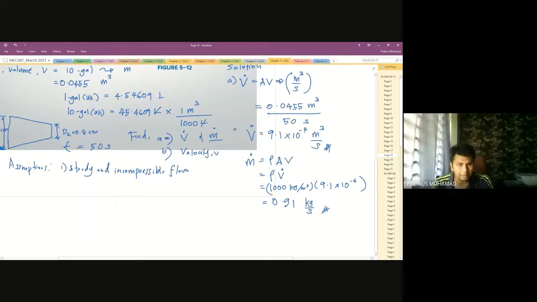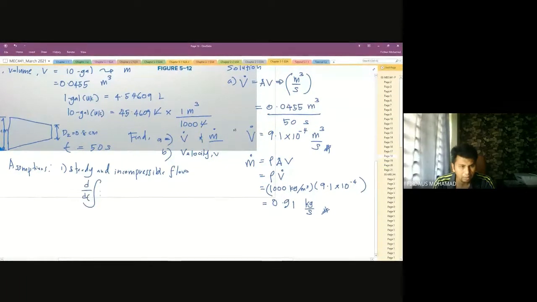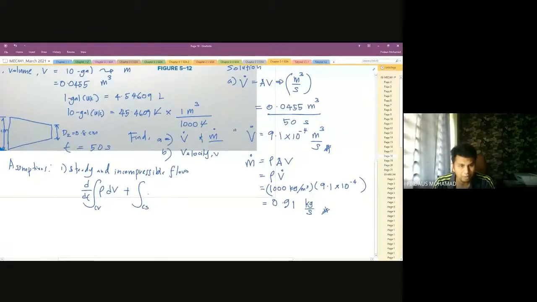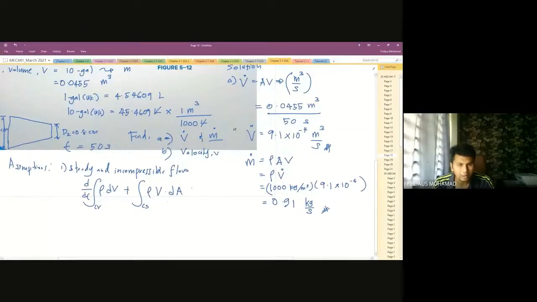Apa je yang kita dapat? Kita ada general equation for conservation of mass, d over dt, rho volume tambah control volume, control surface, rho v dA sama dengan kosong.